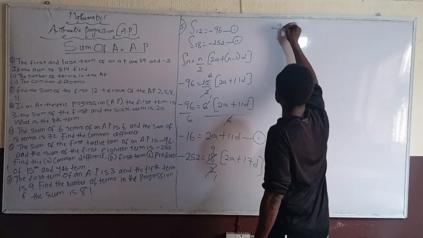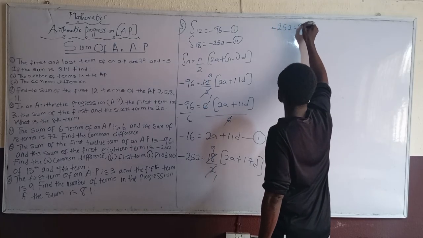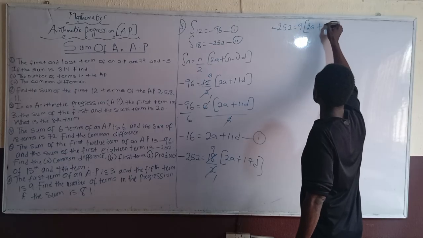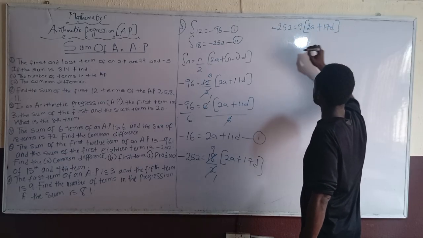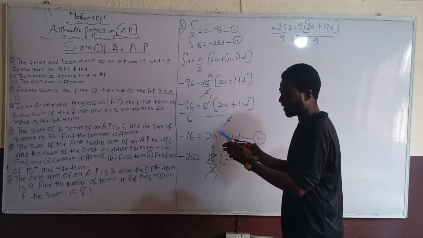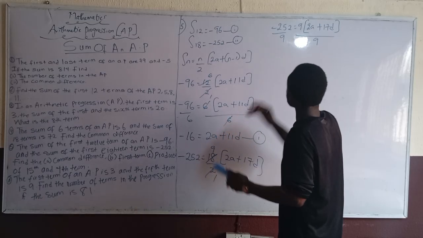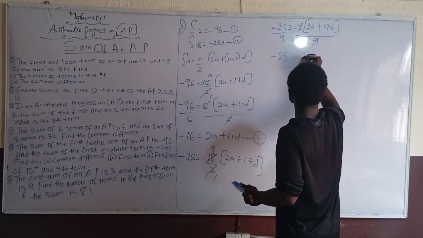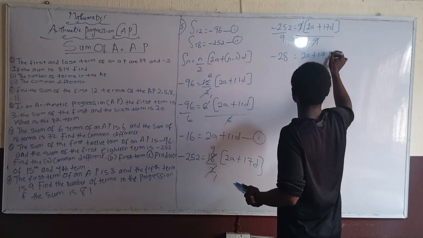So minus 252 becomes 9, open bracket 2a plus 17d. Divide both sides by 9. So 252 divided by 9, here I have minus 28. 9 cancels 9, equals 2a plus 17d.